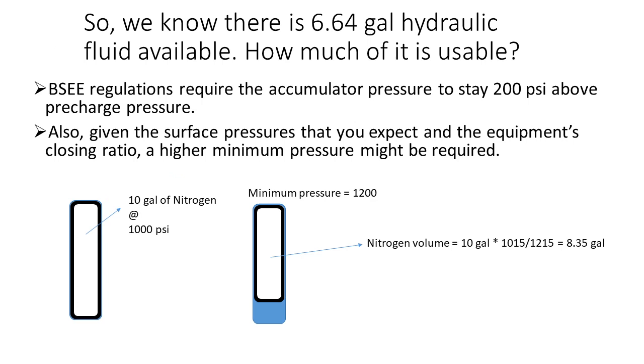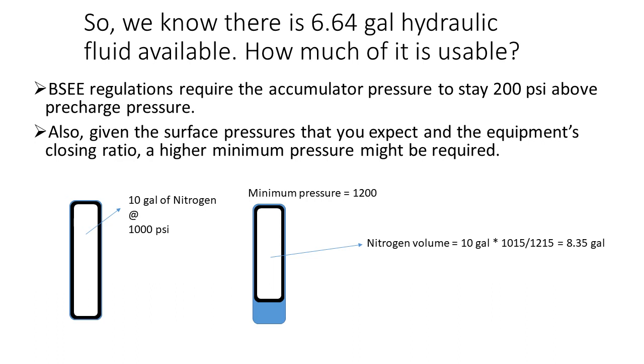So now that we know there's 6.64 gallons of hydraulic fluid, we want to know how much of that is usable. BSEE regulations tell us the accumulator pressure must stay 200 psi above the pre-charge pressure. So we take the nitrogen volume of 10 gallons times 1,000 plus 14.7 divided by 1,200 plus 14.7. That gives us 8.35 gallons of nitrogen volume.